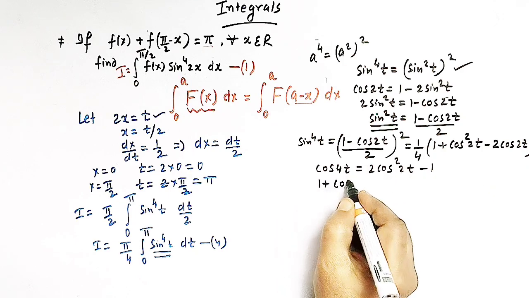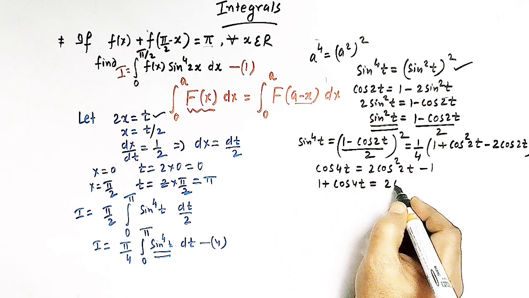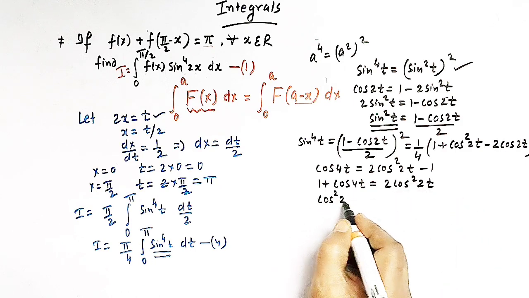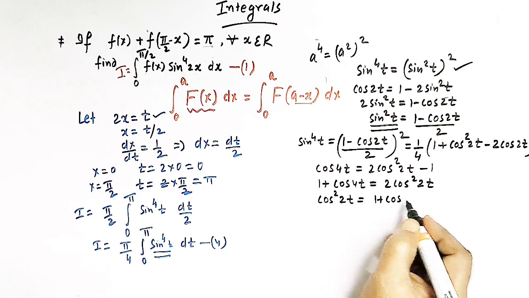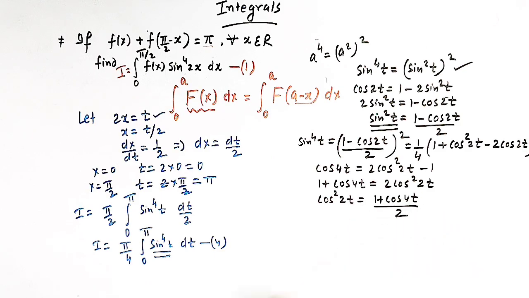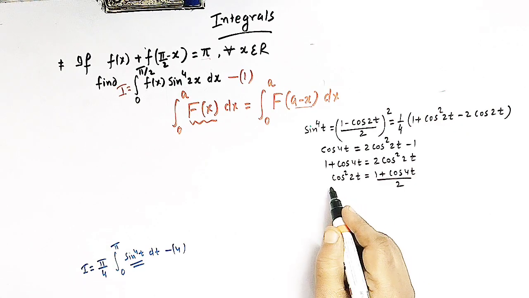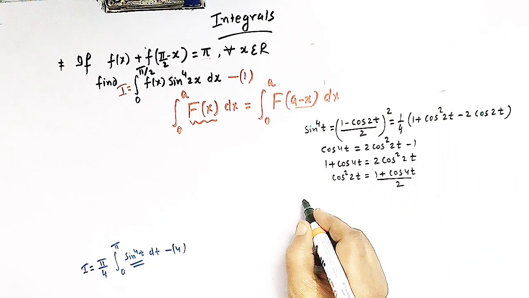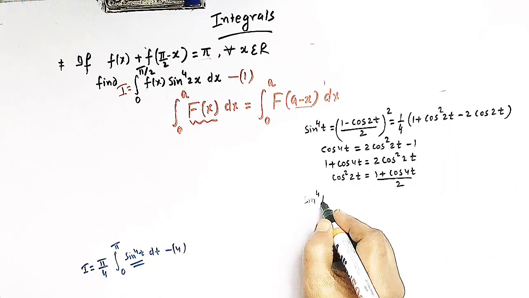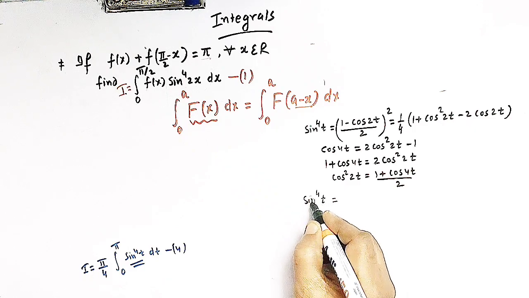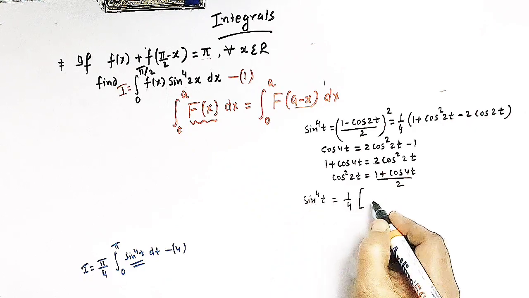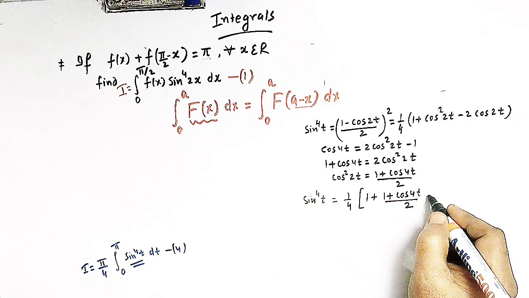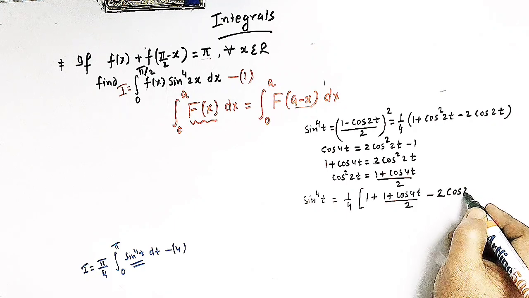So we have 1 plus cos 4t is equal to 2 cos²2t, and cos²2t can be written as (1 plus cos 4t) over 2. So now let us substitute the value of cos²2t in this expression. So now we have sin⁴t, and this is equal to 1 over 4 times (1 plus (1 plus cos 4t) over 2 minus 2 cos 2t).